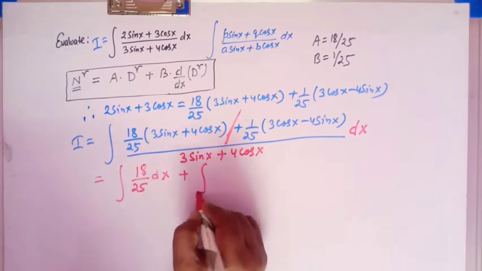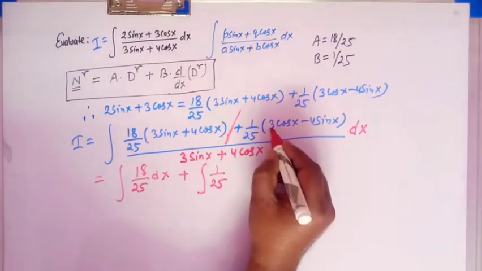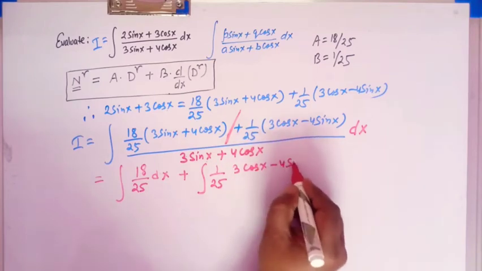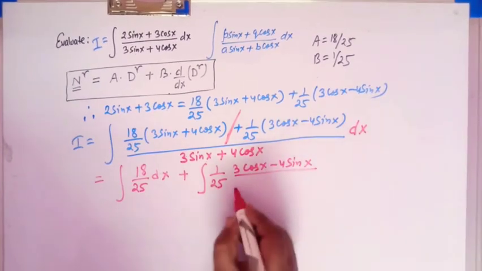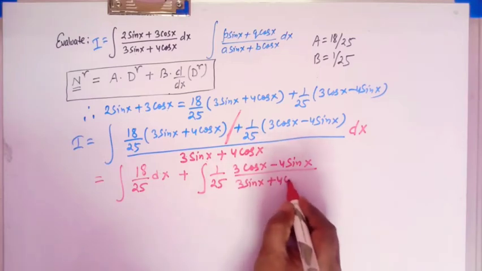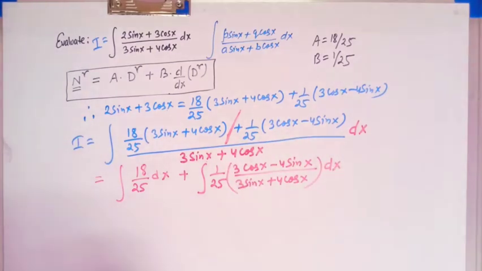The second integral is 1 over 25 times the integral of 3 cos x minus 4 sin x divided by 3 sin x plus 4 cos x, dx.